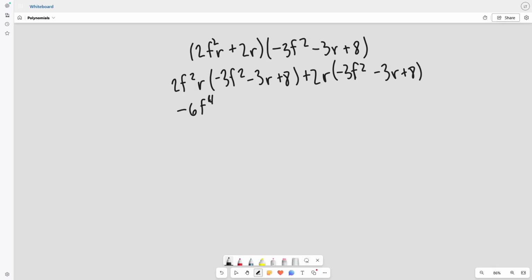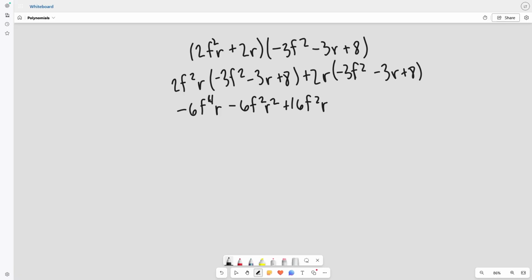This time we have an f to the fourth r, minus 6f squared r squared, and multiply it by the last term. You have 16f squared r.